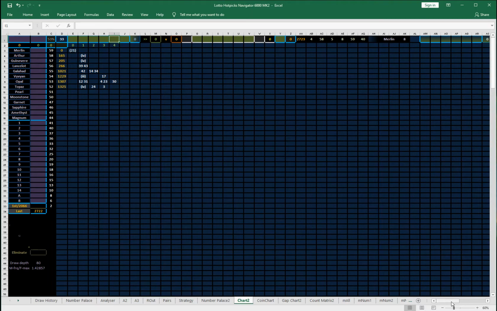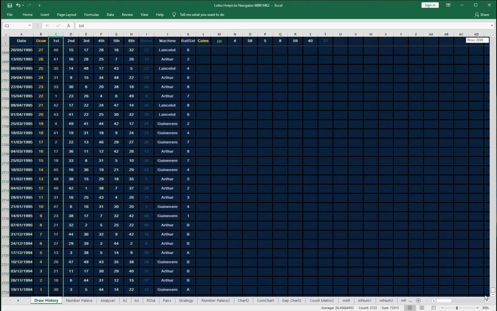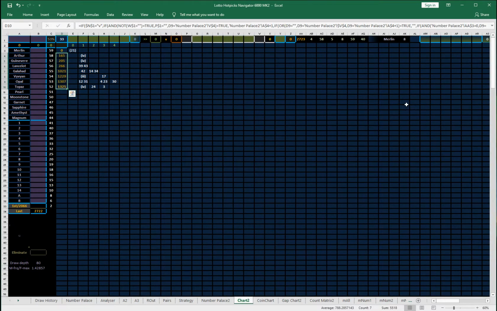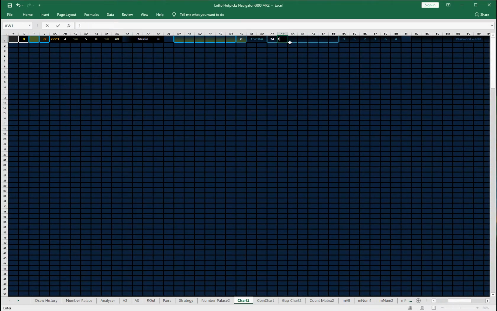Anyway, if we filter by that order code, it's only occurred 7 times in the entire draw history dating back to 1994. So that's a lot of data being processed just to produce that. We can also filter by partial order codes.